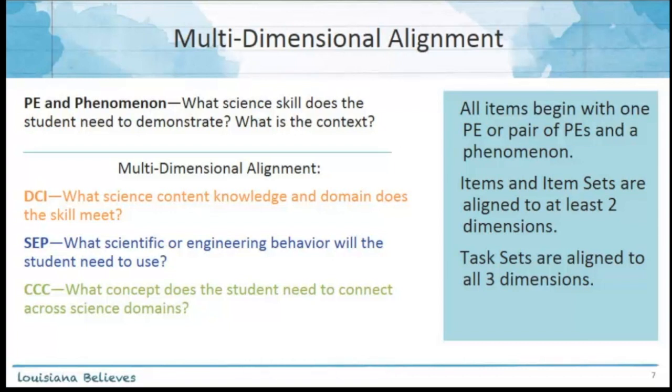The pairs or bundles mesh with one another, and the 2 PEs can support multiple questions, even though they may be in different domains like physical science and life science. In our assessment, all items and item sets are aligned to at least 2 dimensions, even our standalones, but our task sets have to be aligned to all three dimensions.